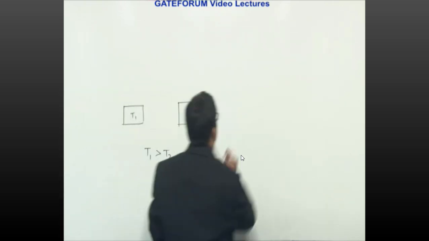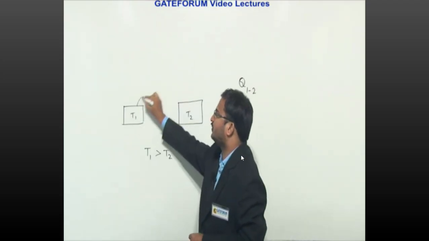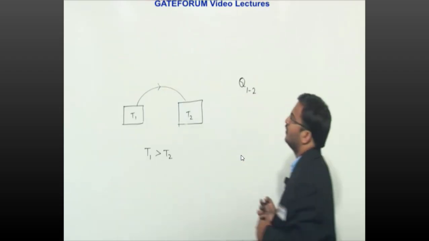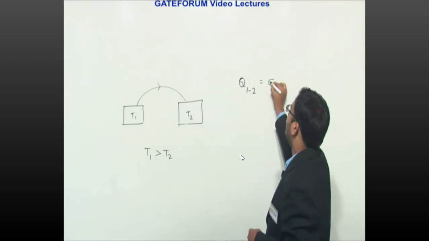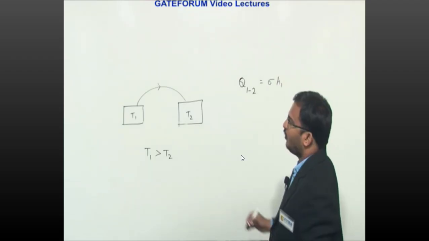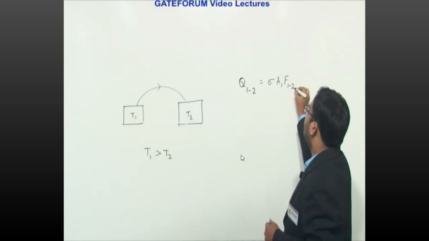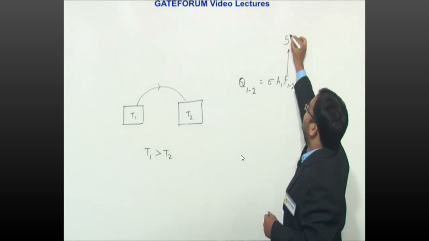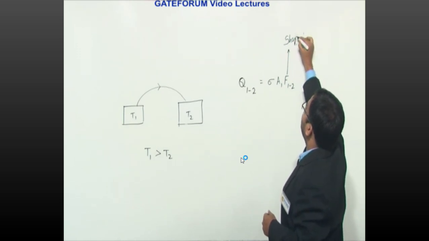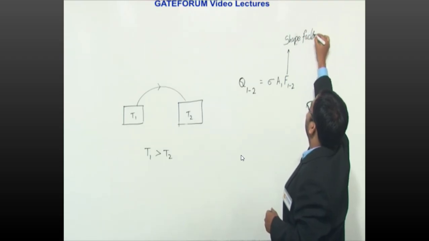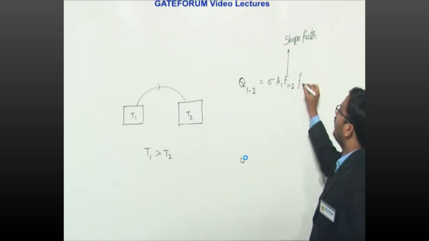Now, the heat transferred by radiation from this body to this body, let us consider it as Q1 to 2. So Q1 to 2 will be equal to sigma into the area of the first body from which heat transfer is taking place, multiplied by capital F1 to 2. This capital F1 to 2 we call the shape factor, or view factor, or geometric factor, multiplied by small f1 to 2.